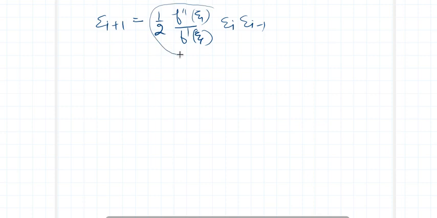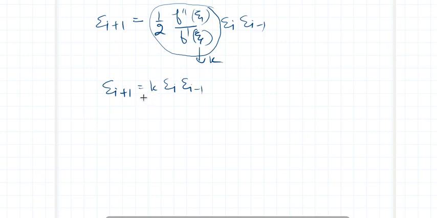And let us call this some constant. So ε_{i+1} is equal to some constant times ε_i and ε_{i-1}. And ε_{i-1} somewhere depends upon ε_i.